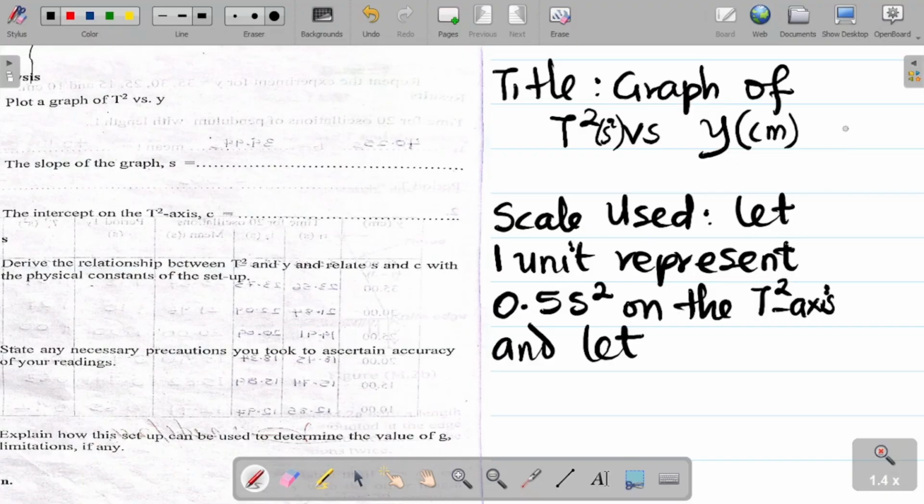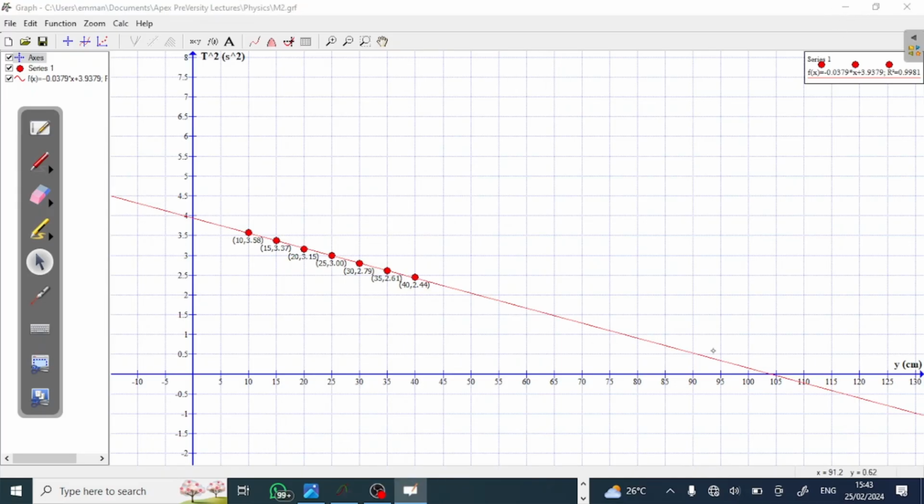So proceeding, let's see our y-axis. So go to the y-axis here. You can see that for y-axis, from the origin to this point, which is 1 unit, represents 5, your unit here is in cm. So say let 1 unit represent 5 cm on the y-axis.